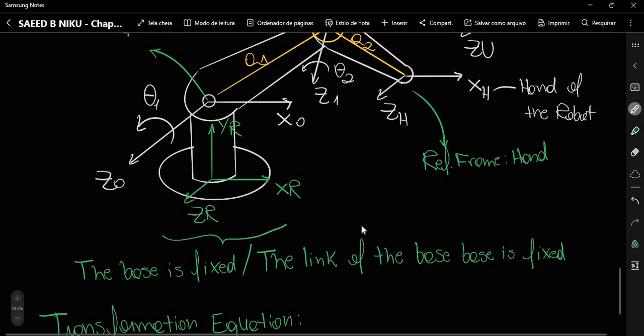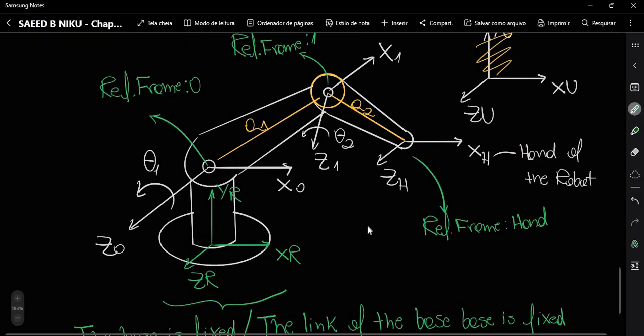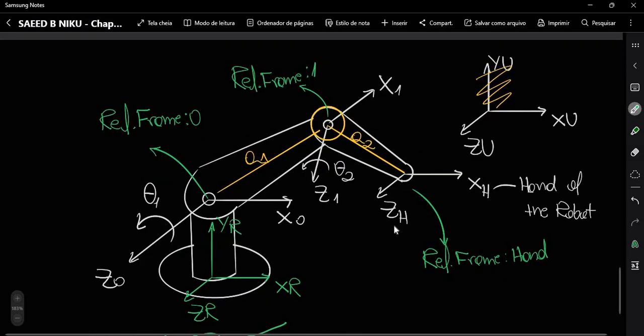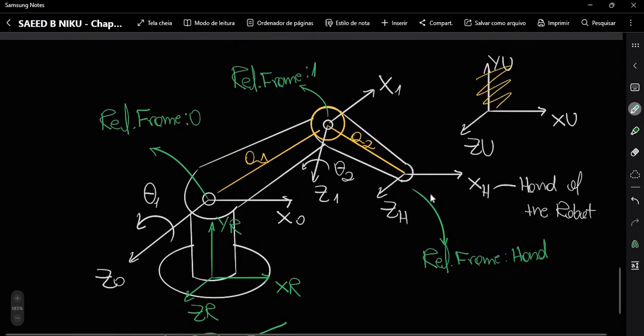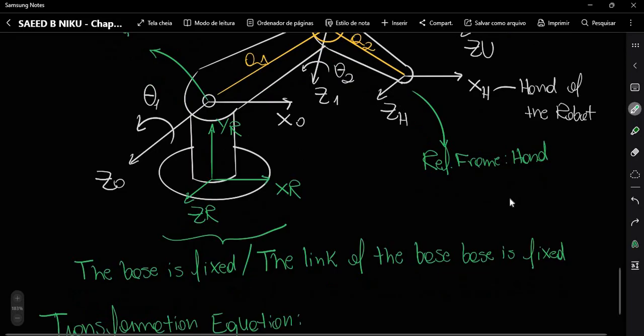Which again represents the motion of this robot, and is tracking the motion. It tells us how this motion is occurring in space, from this frame, the zero frame, to the hand of the robot, which is the end effector. Again, this is the end effector.